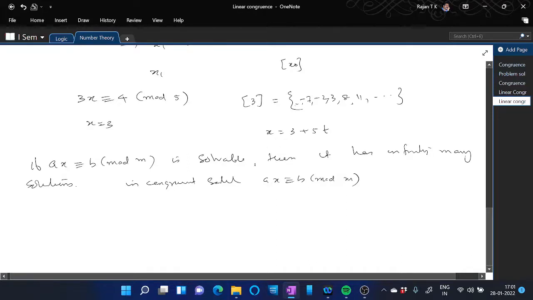For example, consider the linear congruence 9x congruent to 6 mod 12.